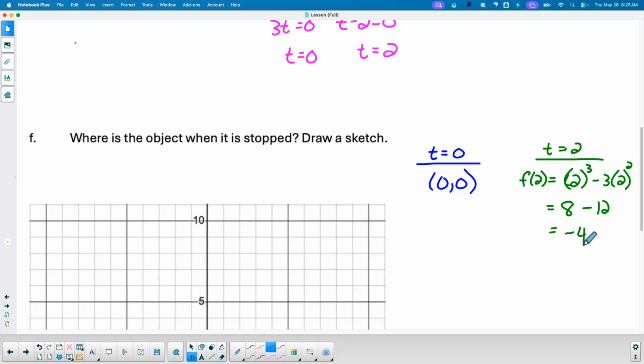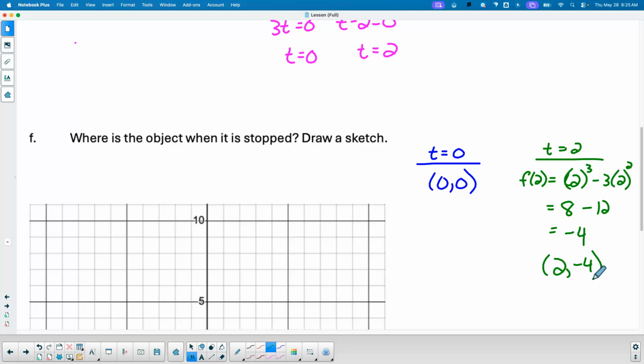Yes? So it's going to stop at the point (2, negative 4), which makes sense because you just told me if we start right here, the first thing we do is go backwards. Right? Okay?